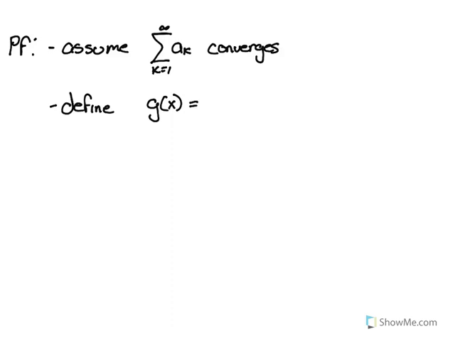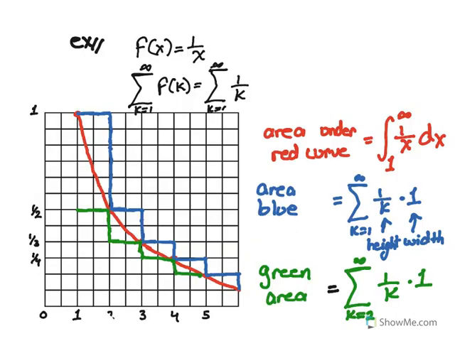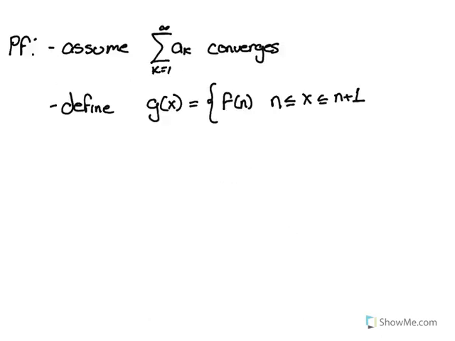So between x equals n and x equals n plus 1, g of x is going to be f of n. So essentially, if I go back to the drawing, g of x is just the blue curve, or the blue function. And this is, of course, for all integers, so n is an integer.